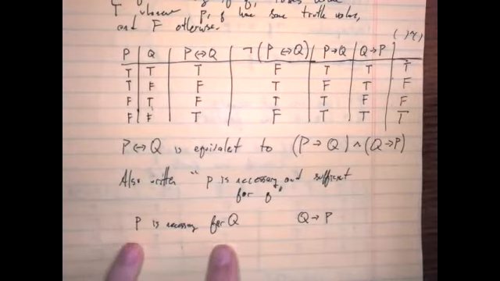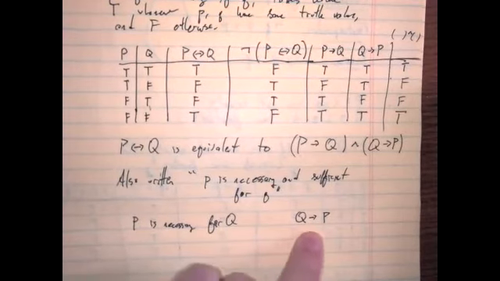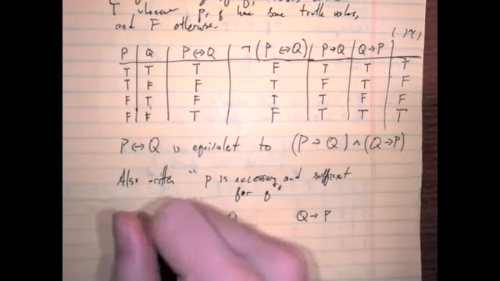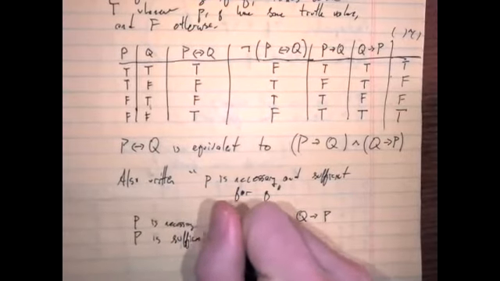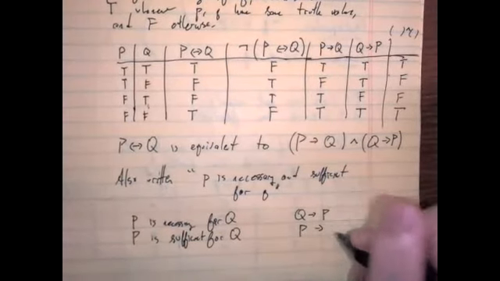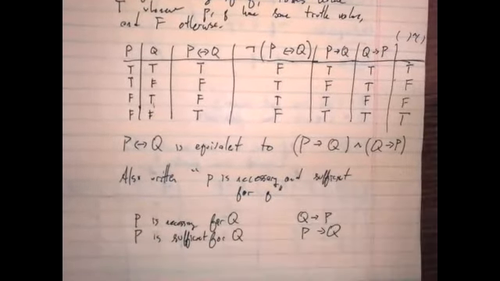So P implies Q is equivalent to Q is necessary for P. If I switch this, P is necessary for Q, that's the same as Q implies P. And then P is sufficient for Q is another way to write P implies Q. So P is necessary and sufficient for Q gives you both of the sides of the implication. Okay.